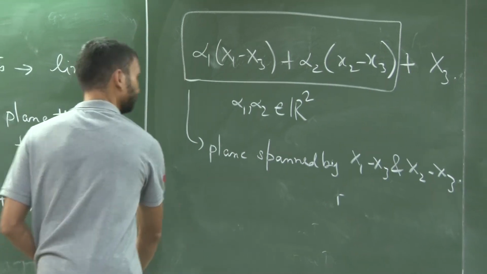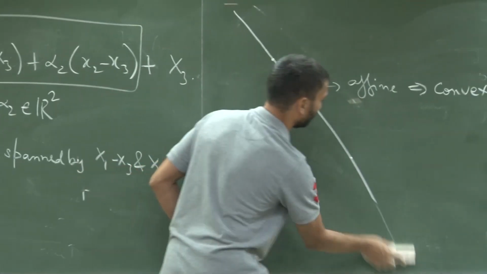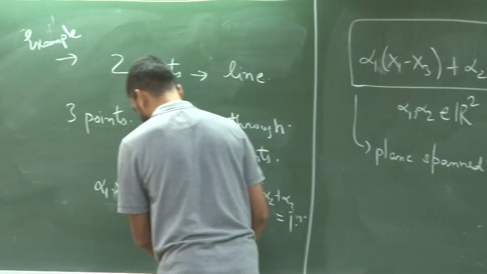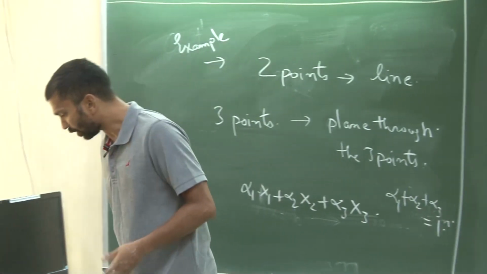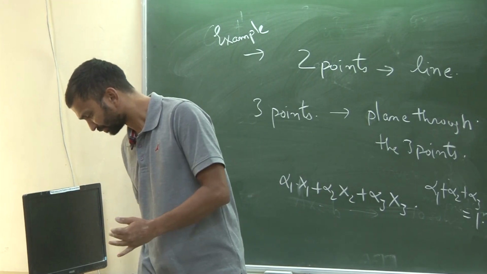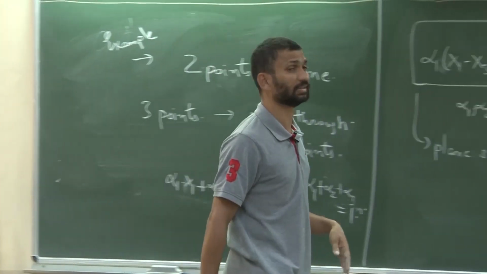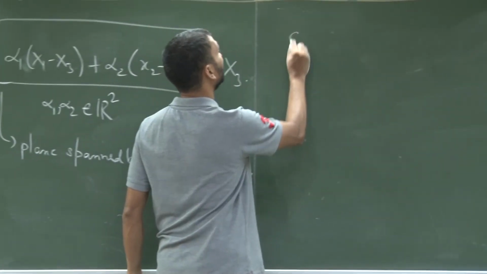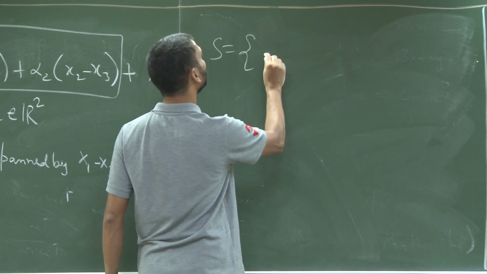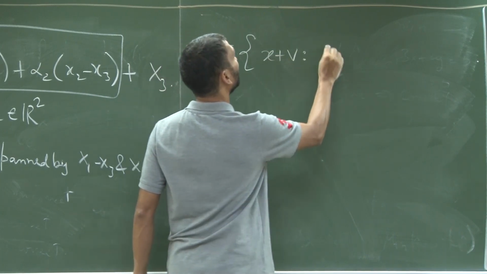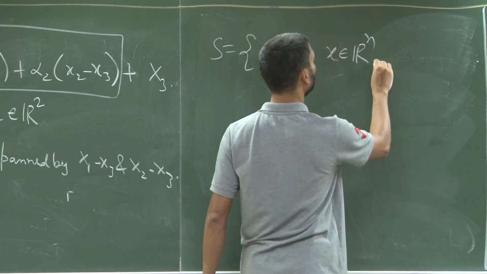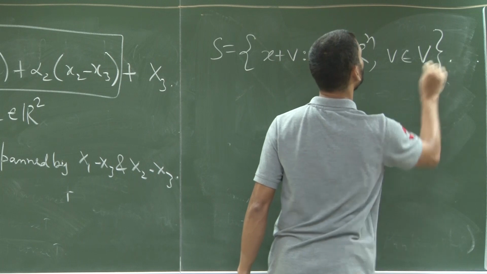Not surprisingly, you can do this trick with any affine set, right? x is some point in R to the n, and V belongs to some vector space.